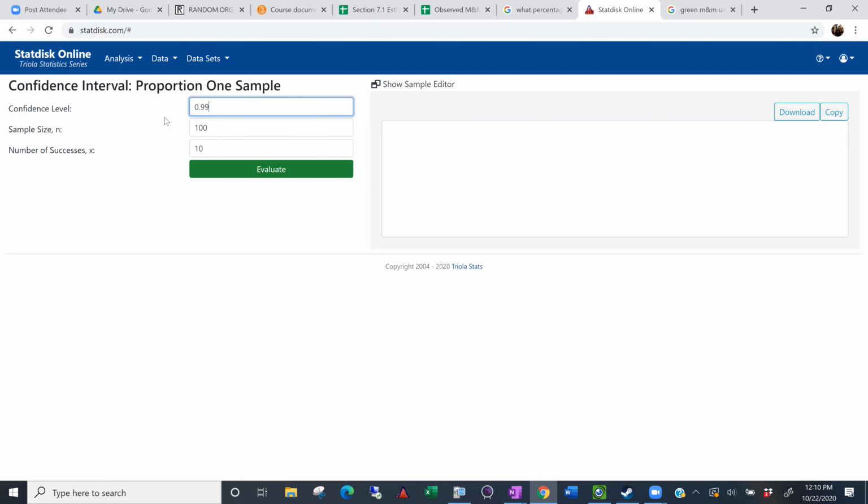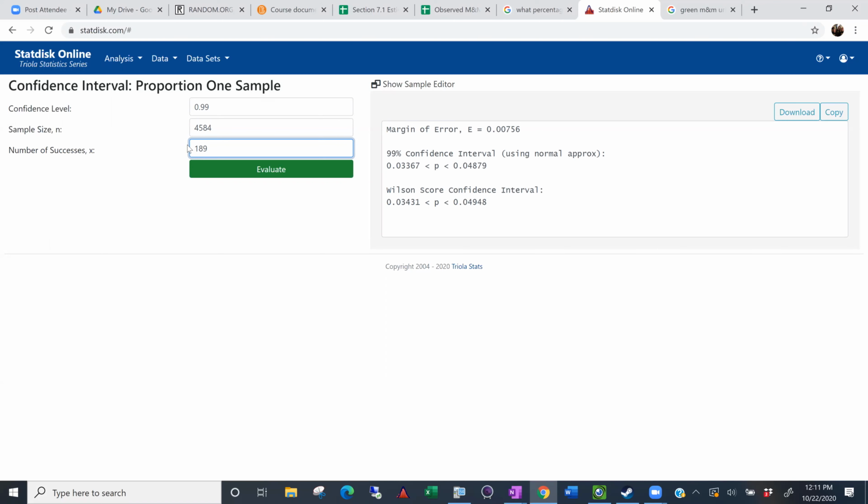That's going to make it wider than if we left it at 95%. 4,584 was our sample size, and of those, a mere 189 actually became sick with nausea. So type all those in, press enter, and wow, look at how small your error is.